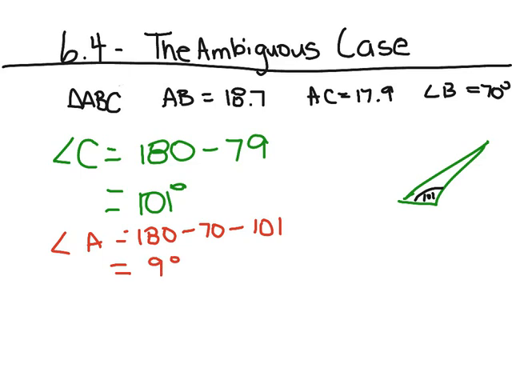So this one right here would be 9 degrees. This would be A, this would be C, this would be B. And we know that this is 70. And we have to solve for our sides. So we already know B is 17.9 and C is 18.7.